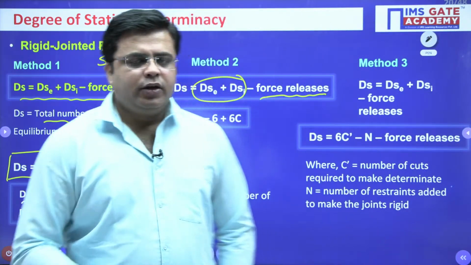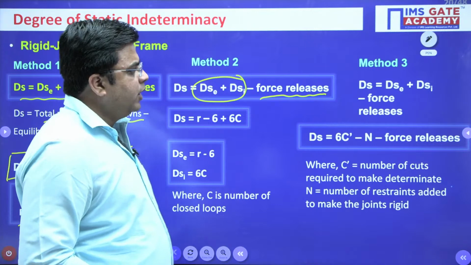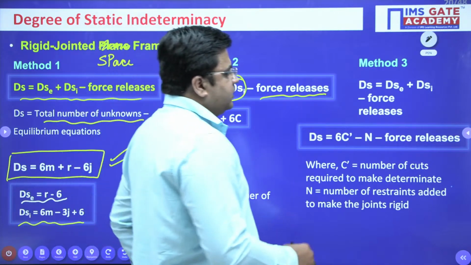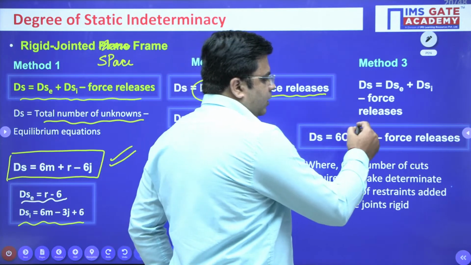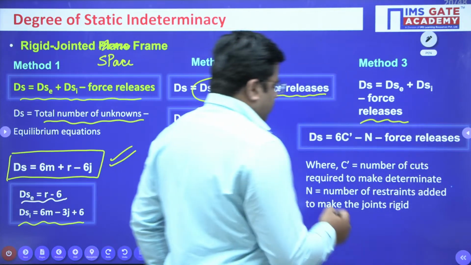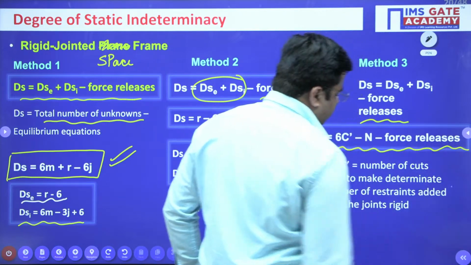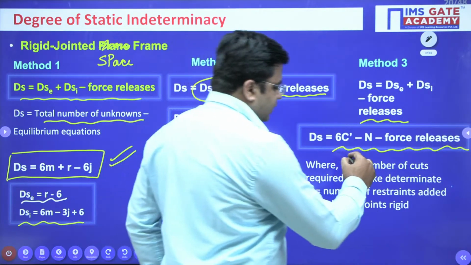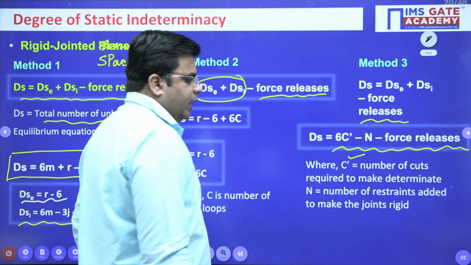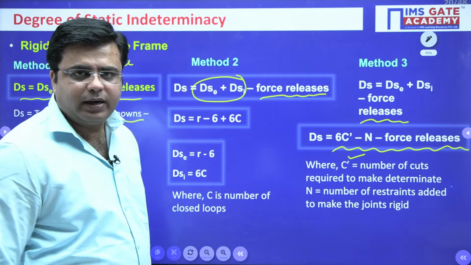Next is method number 3. For method number 3 also, ds is equal to dse plus dsi minus force releases. Your ds is equal to 6c dash minus n minus force releases, right? Here again, c dash is the number of cuts required to make the structure a determinate cantilever.